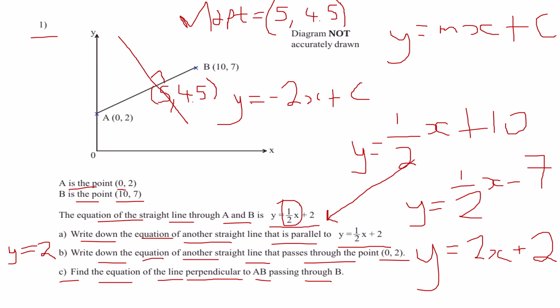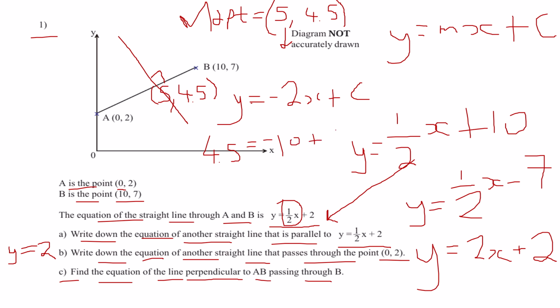So the reciprocal of a half becomes 2 over 1, which is 2, and then we put a minus sign at the front to negate it. Last step is to sub in our coordinates. So we have 4.5 equal to minus 2 lots of 5, so that's minus 10, because x is 5.